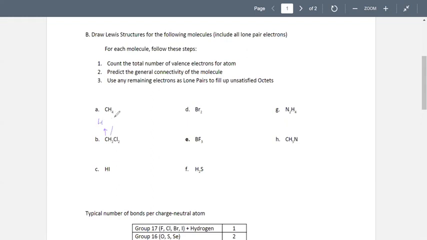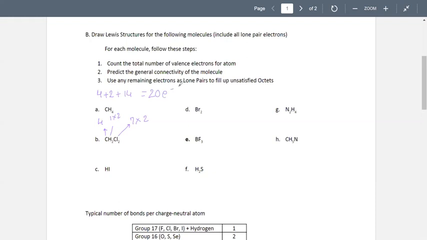Hydrogen has 1 times 2, and chlorine has 7, 7 times 2. So the total is 4 plus 2 plus 14, which is equal to 20 electrons.